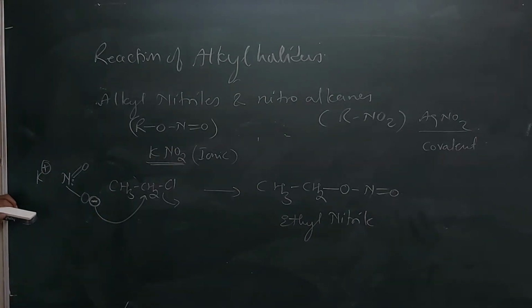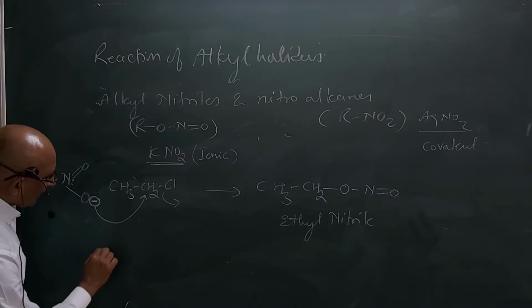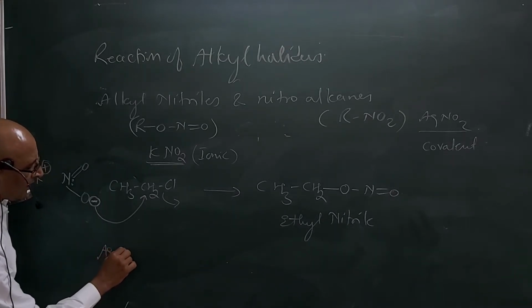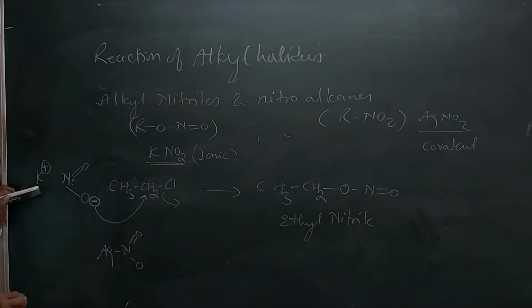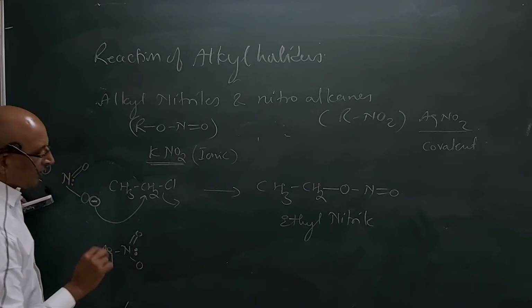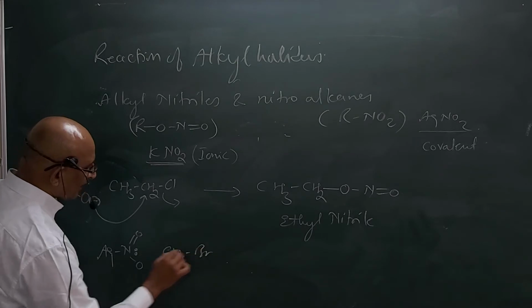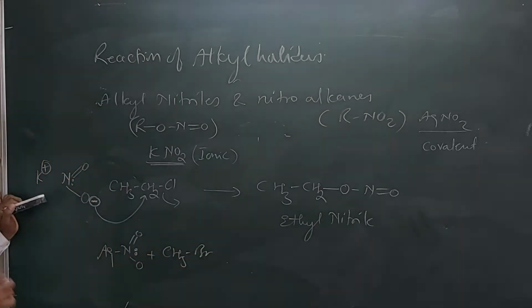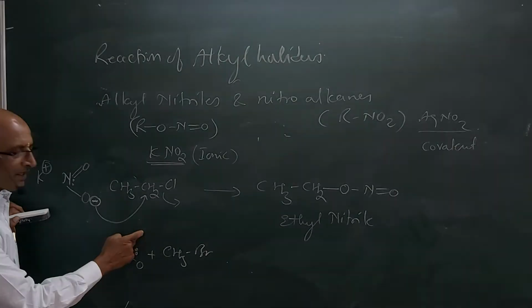Whereas if you see the same thing with AgNO2, in the silver nitrite the lone pair of electrons available on the nitrogen is more readily available, because nitrogen is less electronegative than oxygen.